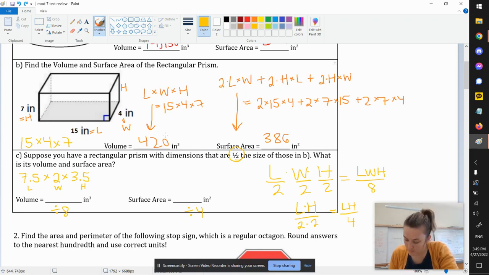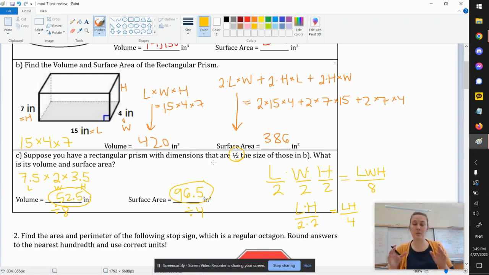So I'll take 420 over 8. 420 over 8 is 52.5. 52.5 is my volume. And then 386 divided by 4, 96.5 is my surface area.